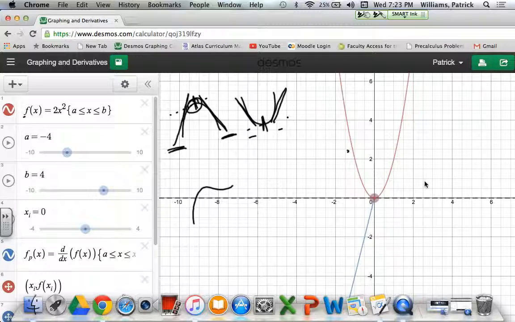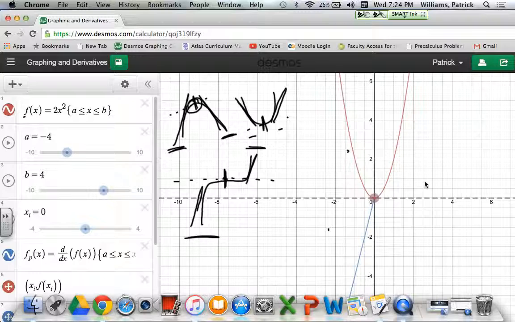Now, on a similar note, if we had something maybe like an x cubed curve that looks something like this, actually I should have drawn those to be a little bit more horizontal. Let me do that again. There we go. So if we had this curve, we'd have a horizontal tangent right here, but notice that the tangent line to the left of it is positive and the tangent line to the right of it is also positive. In this case, at this x value our derivative would be equal to 0, but it wouldn't cross the x-axis.